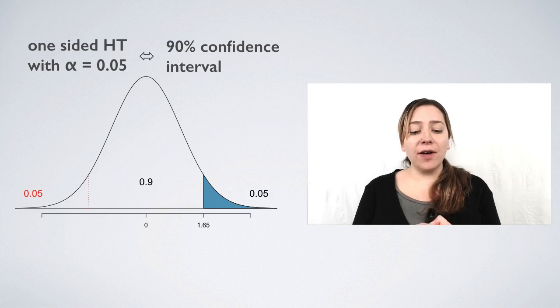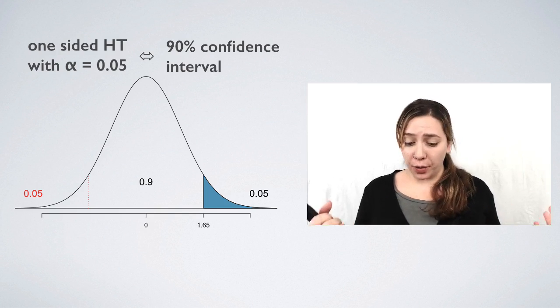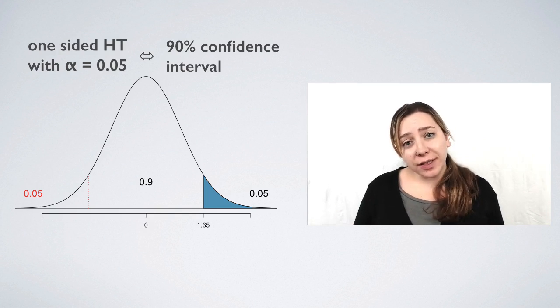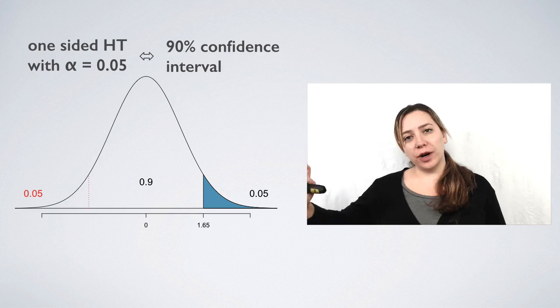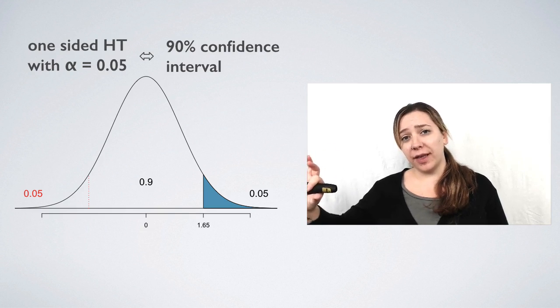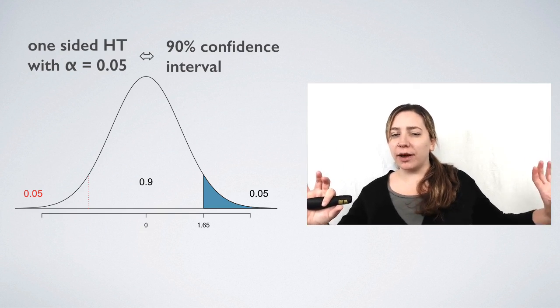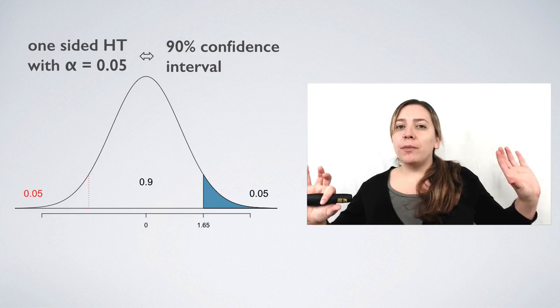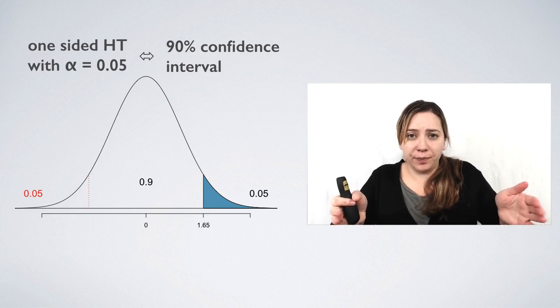So if you have a one-sided hypothesis test with an alpha equal to 0.05, your equivalent confidence level is actually going to be 90%, because we're allowing for the 5% at the one end that you're interested in, and we're having to take care of the other 5% at the other end that you're not interested in, but we need to take into account so that the confidence interval can be symmetric.